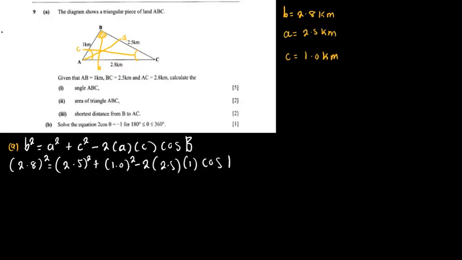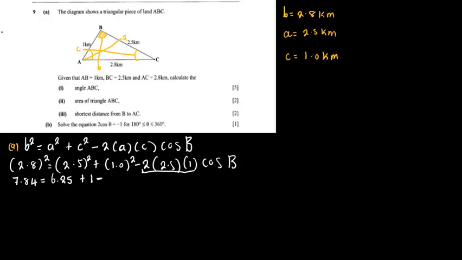Now look at this. We are looking for the angle B. So what we're going to do, we can just punch everything direct. This is 2.8 power 2. We are getting 7.84 equal to, this is 2.5 power 2. We are getting 6.25 plus 1 minus, now look at this, we punch everything from here up to here.